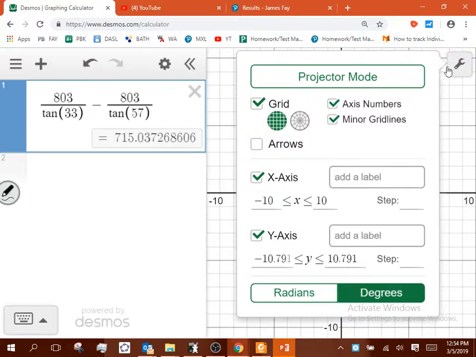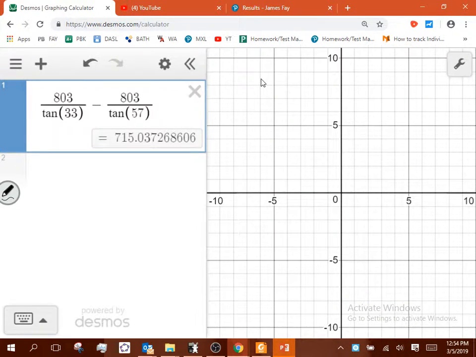Degrees. Did you get that number? Did anybody get negative 715? If you got negative 715, you just did it in the wrong order, right? But S1, S2 is a distance, correct? So all you got to do is take the absolute value. But that's what we're looking for. That's the distance between those two sailboats.